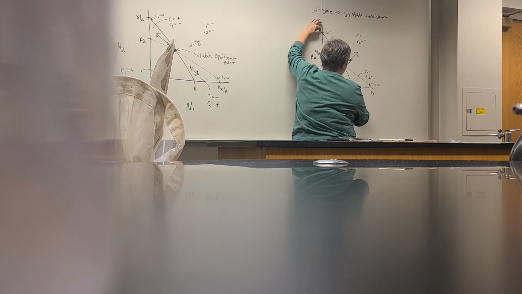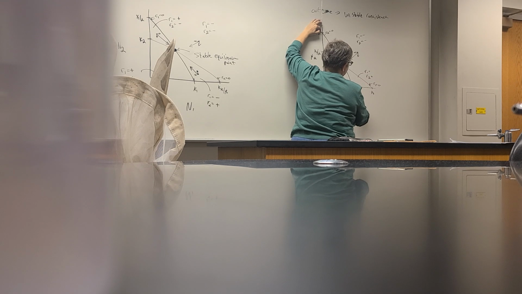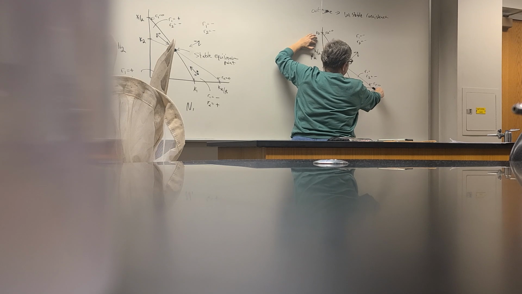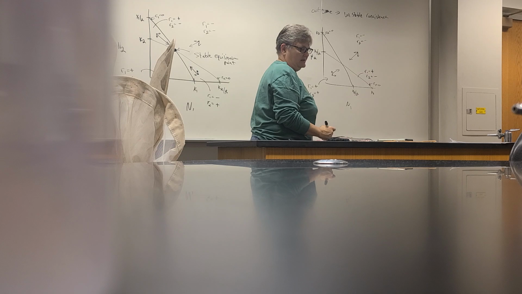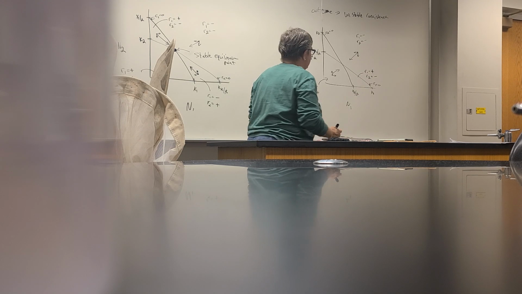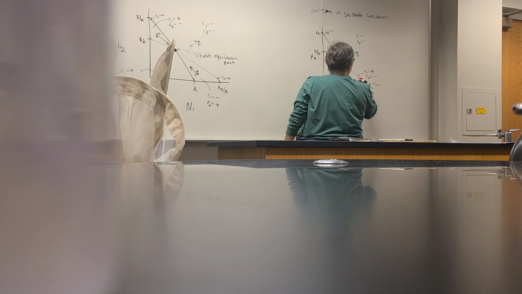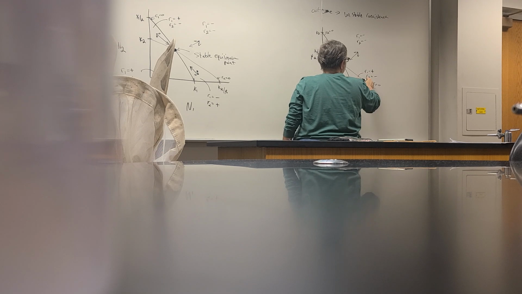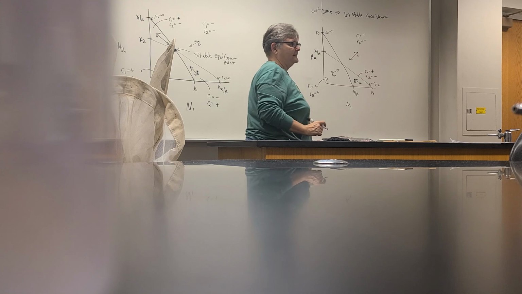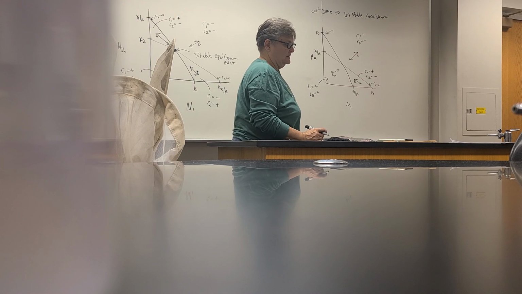So here's our R2 line. We are above it, which means it needs to decrease. Here's our R1 line. We are below it, so it's going to increase. I'm getting tired, so I'm checking to make sure I told you right. I did. So let's put a little dot in here. R1 increasing, so it's going to go that way. R2 decreasing, so it's going to go down. So we get an arrow that looks like that, going away from center.